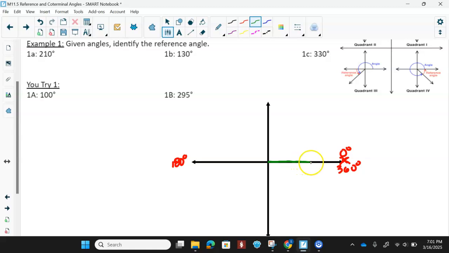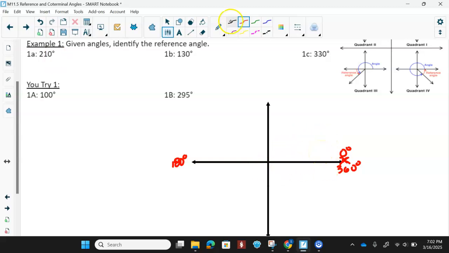Well, we're always starting here at our 0, so then the terminal side is what creates the 30-degree angle. That is the terminal side, the distance from the x-axis. So in this case, the reference angle of a 30-degree angle is just 30 degrees, right? Because it's already less than 90 degrees. So in that case, the reference angle is the angle.